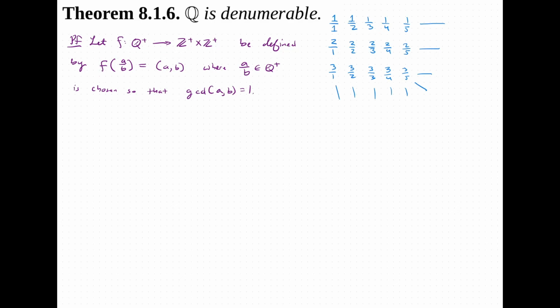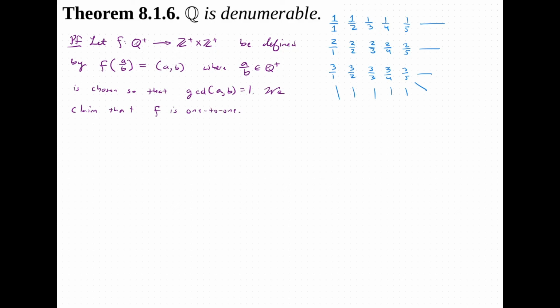Okay, so continuing on, till we have this a comma b. So we're going to claim that this function is one-to-one. So we claim that f is one-to-one.